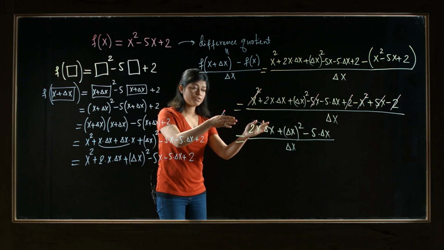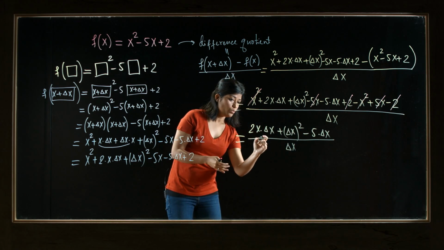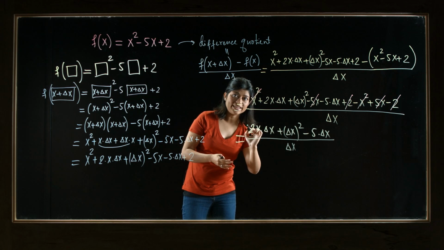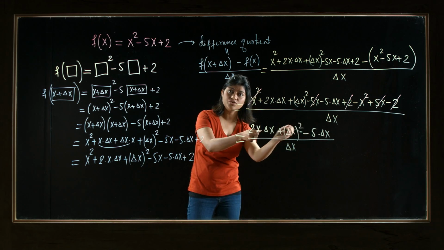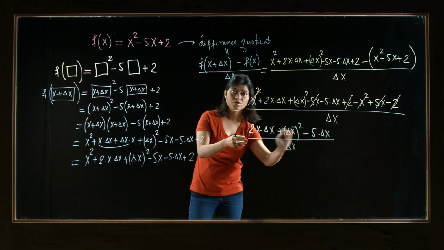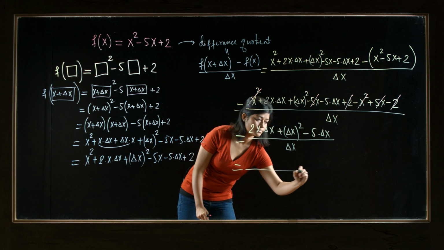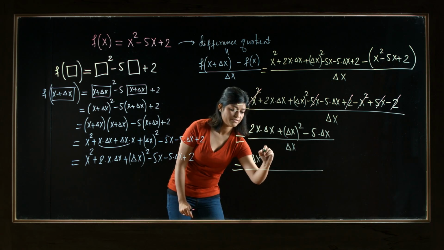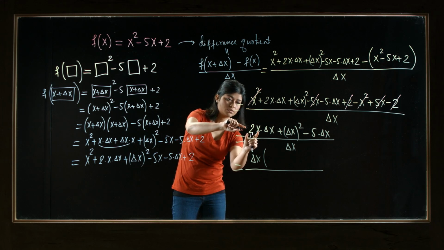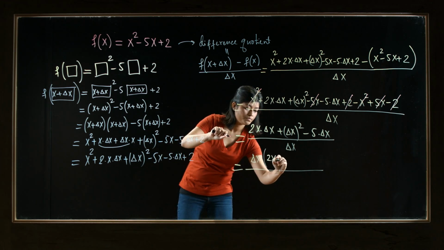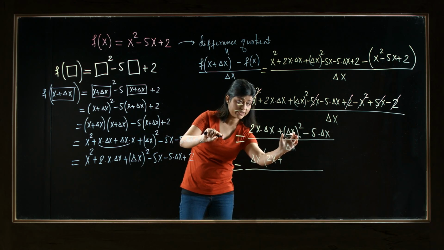Now don't stop here, because if you notice carefully, we can simplify it further. If you notice in the numerator, every term has a delta x as a common factor. So we can factor out a delta x from all the terms in the numerator. So let's do that. So we have delta x factored out. If you do that, what is remaining from the first term? 2x is remaining. In the second term, there are two, delta x squared.